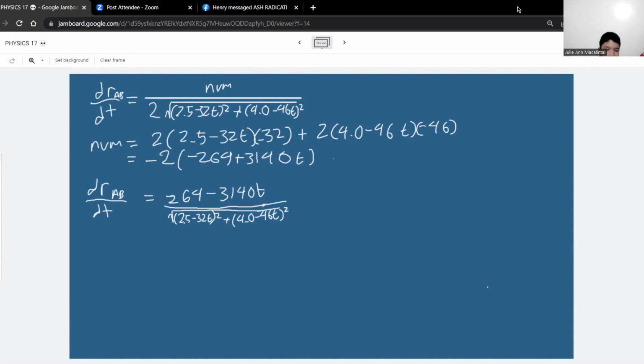Okay, so yung ano po sa taas, negative and then negative. So negative yung constant, yes. And then negative 264 plus 3140t. Okay, so yung tama pala po yung signs.